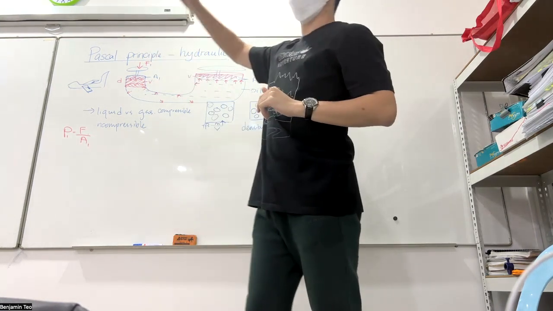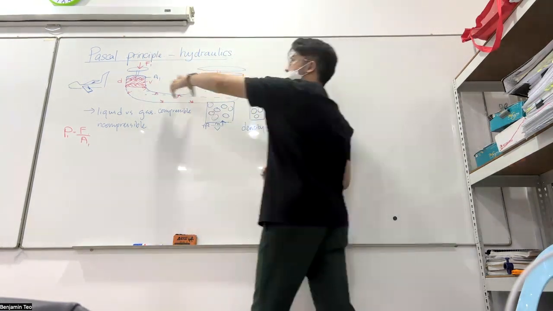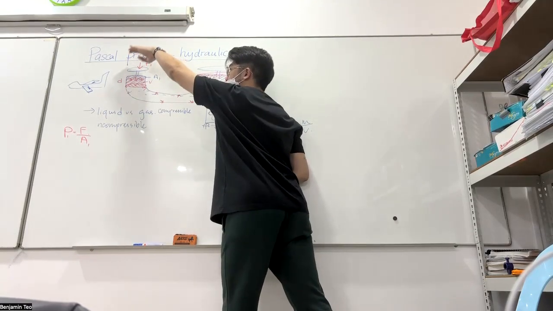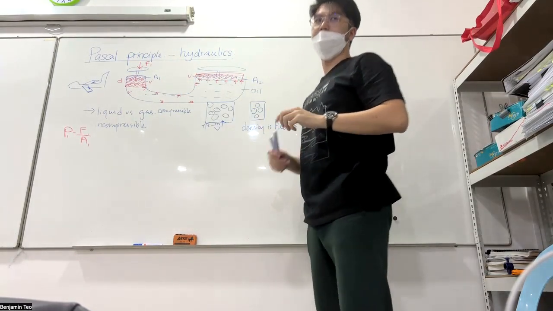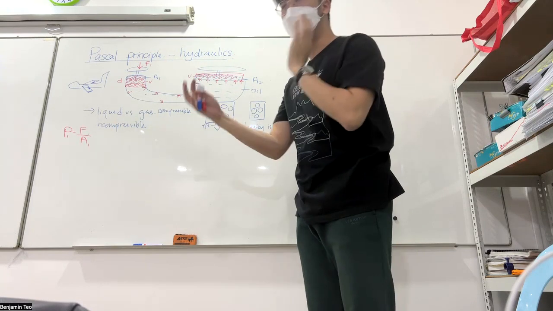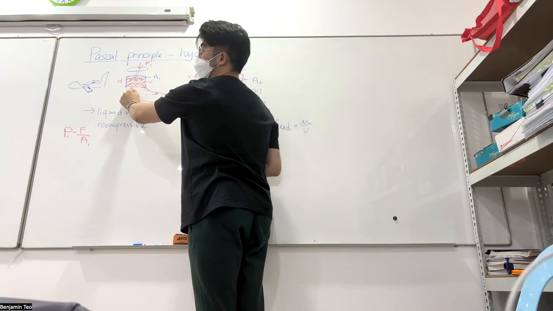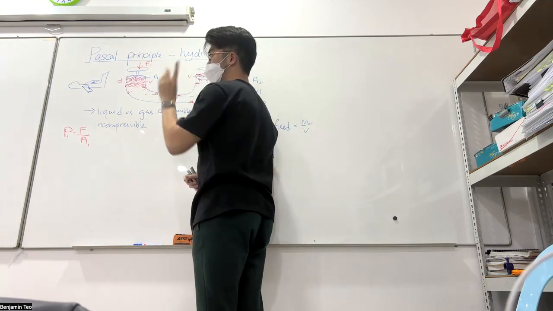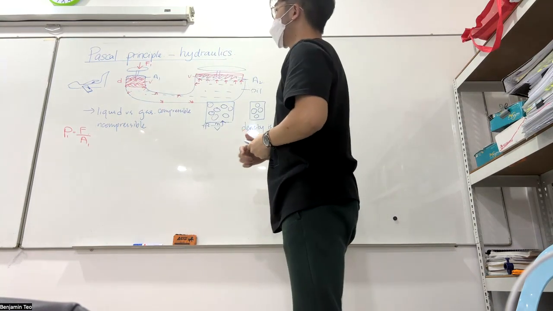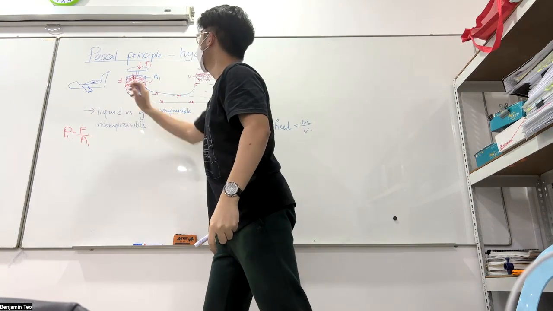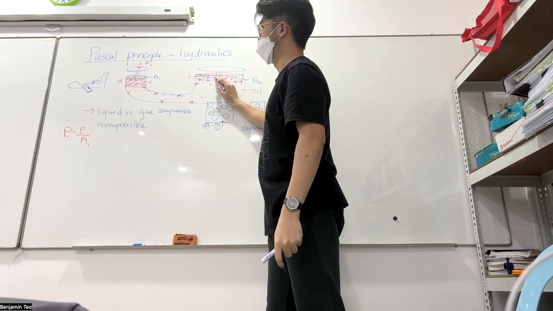The other side, there's no rising. But if this is liquid, because it's incompressible, when I press, then this has to rise. Okay, because there's no room to accommodate this volume of liquid. So we press this. Now that's the first thing of hydraulics. When you apply pressure here, this must rise.